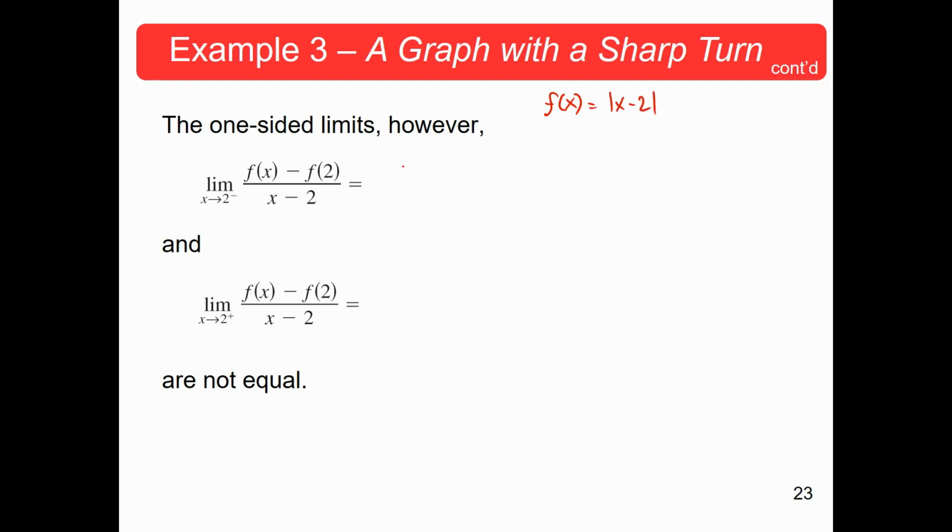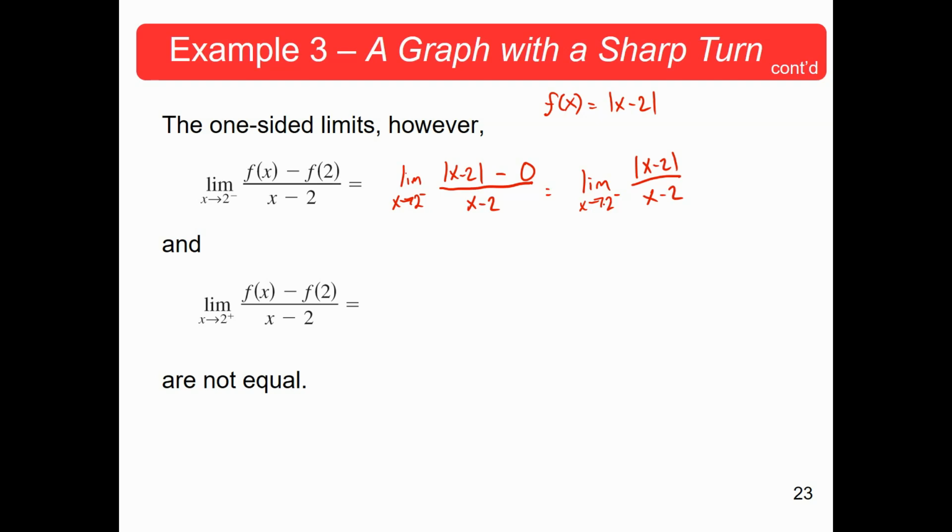So we're talking about the limit as x approaches 2 from the left of the absolute value of x minus 2 minus, if I plug in 2, I get 0, over x minus 2. That's just the limit as x approaches 2 from the left of the absolute value of x minus 2 over x minus 2.